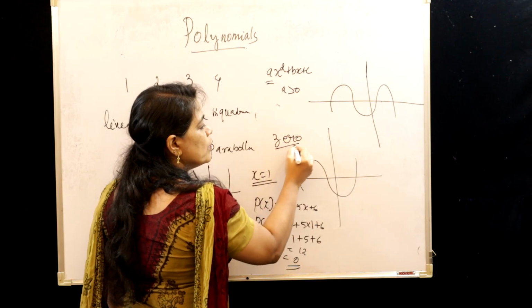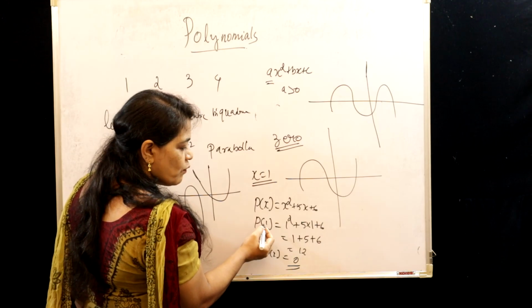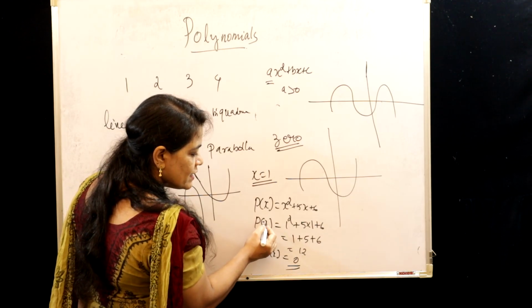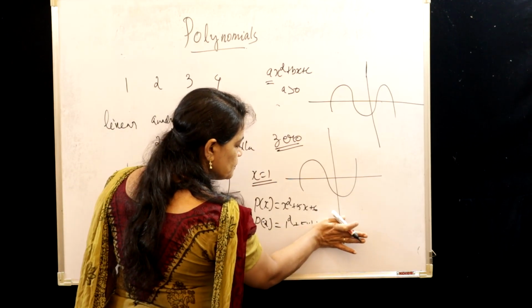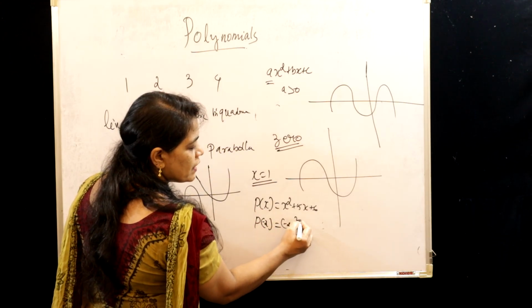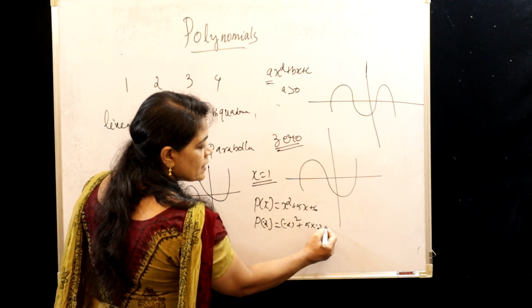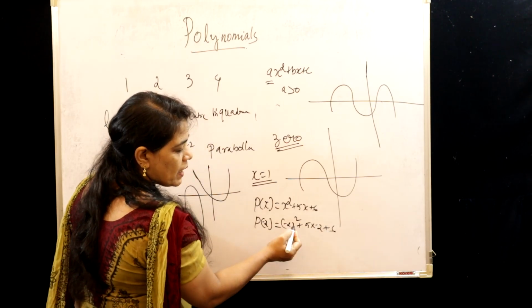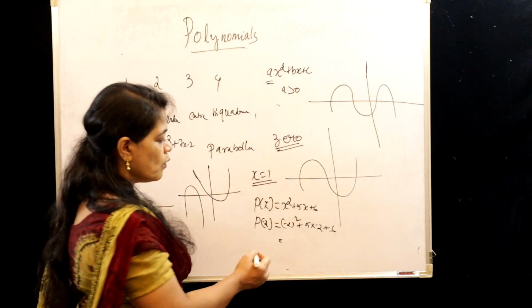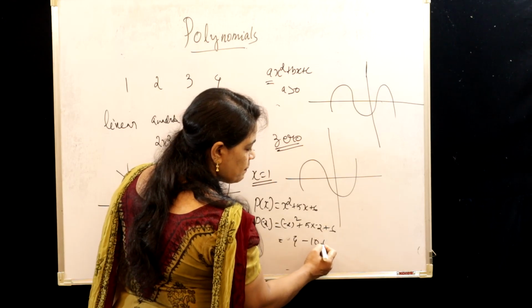If I substitute in place of this 1, minus 2, let us see what is going to happen. Minus 2 whole square plus 5 into minus 2, plus 6. Here minus 2 whole square is 4, minus 10, and here plus 6.